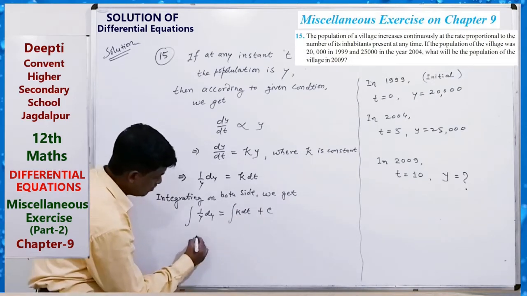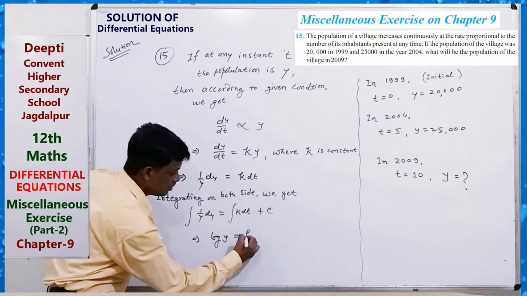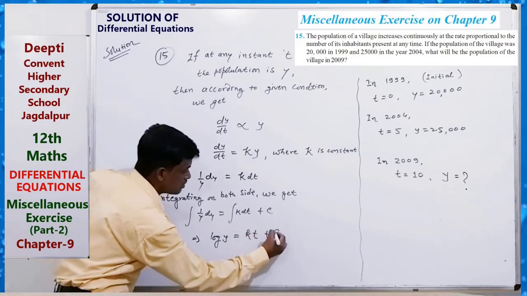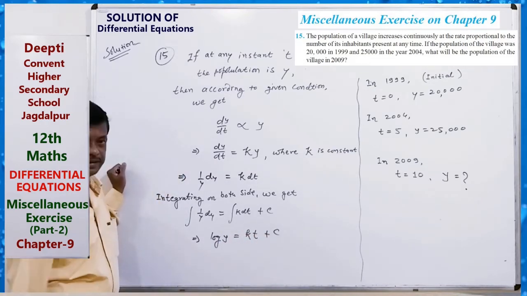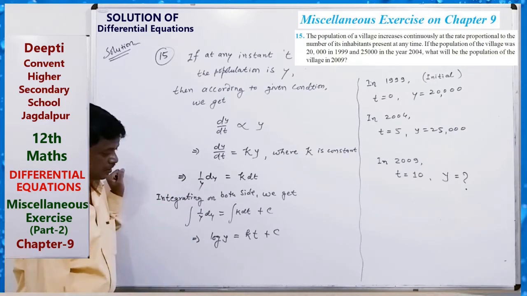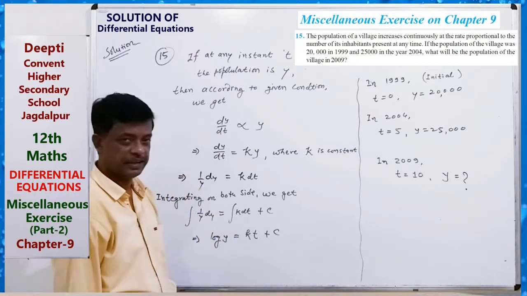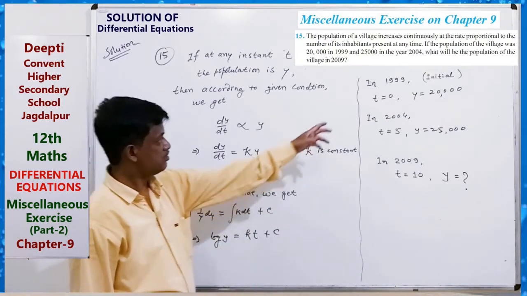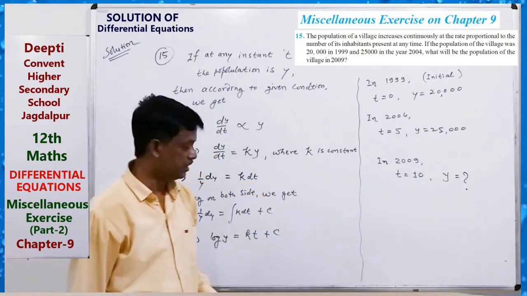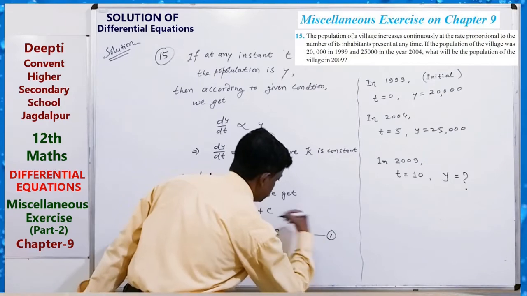So this implies log of y equals kt plus c. Clear? Now there are two constants, c and k. By using these two conditions, we can get k and c. So this is equation 1.